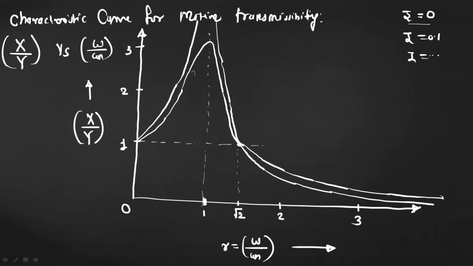If you take zeta to be 0.4, you will observe the same behavior. All these curves pass through transmissibility 1 at the frequency ratio square root 2. So this is the intersection point.